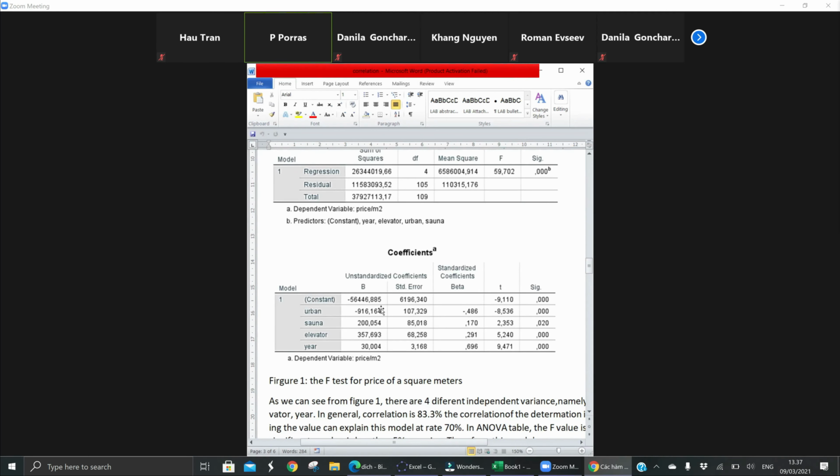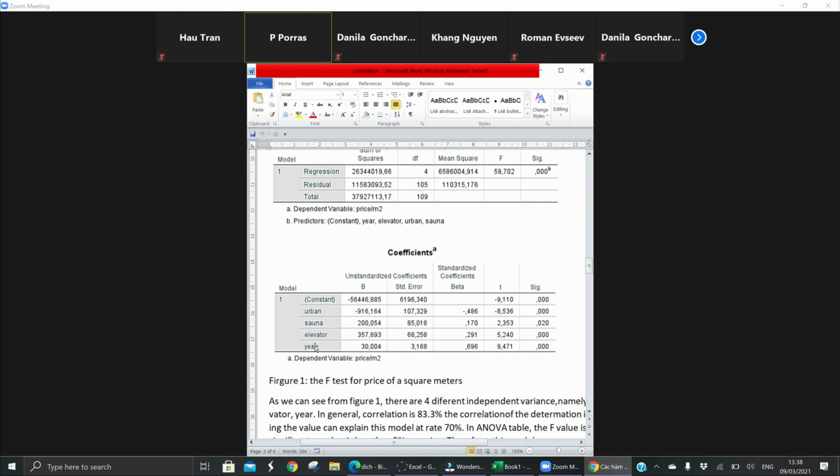For dummy variables, we only allow values of 0 and 1. So in my eyes, I see categorical variables which are not allowed in regression. So urban and year cannot be in there, can they? I think year is a numerical one.